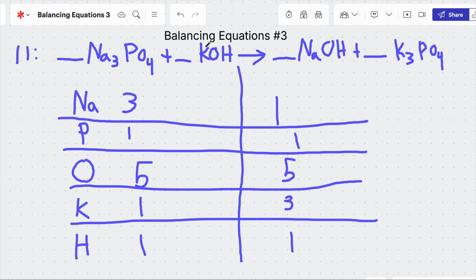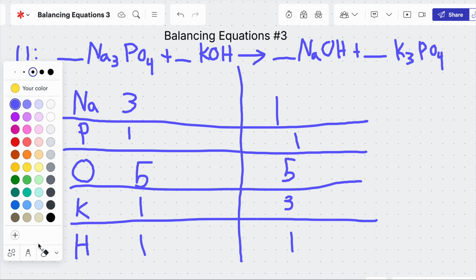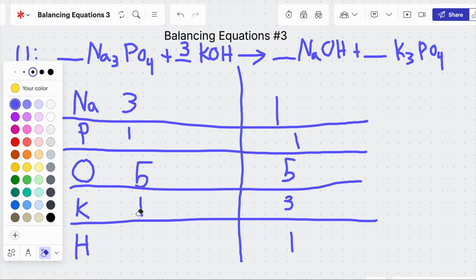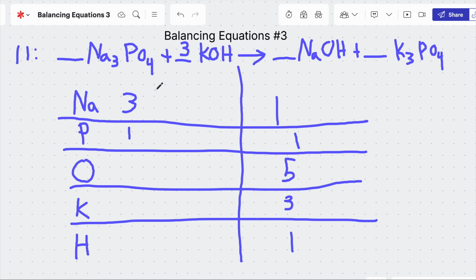So let's see. We have 1 K in each of these. We want 3 total. So what times 1 is going to get us to 3? In this case, that will be 3. So that's going to change our K's, our O's, and our H's. So for K's, 3 times 1 just gives us 3.